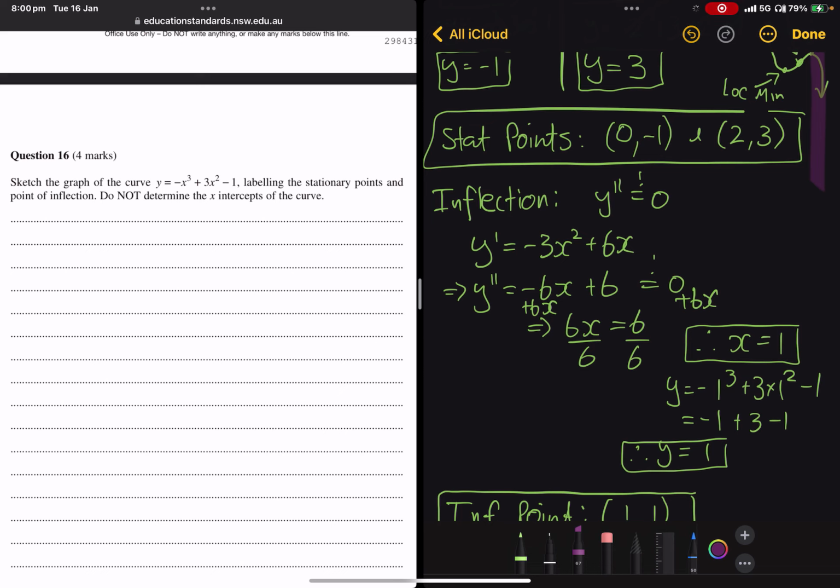Finding the point of inflection is likely to get you the 3rd mark. So if you have the stationary points and the point of inflection, that's going to be 3 marks, and sufficient working in order to prove them. You can't just say, oh, I think it's this and write it down. You actually have to use calculus, use algebra, solve, show that this is the answer, right? They want to see proof that you understand how to do this, not just the answer.